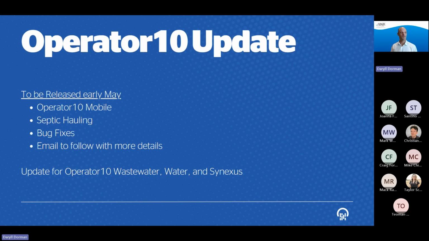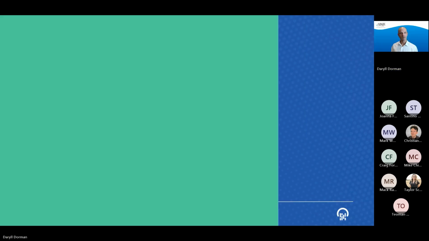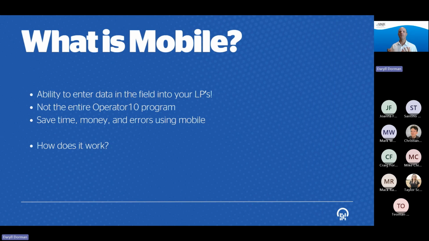And like I mentioned, we have an Antero mobile that we launched back in October or so. So, we've heard your feedback loud and clear. Obviously our software is a locally hosted product on your own server, but it would be really nice if there was a way to enter data while you're in the field. A lot of times it ends up on a clipboard, or maybe you're taking pictures and then emailing those pictures to yourself in the lab.